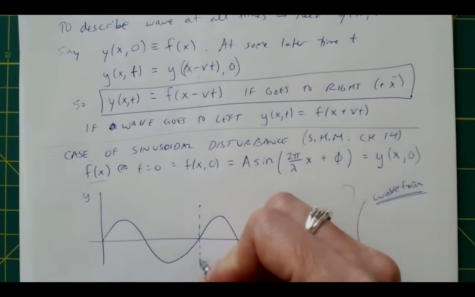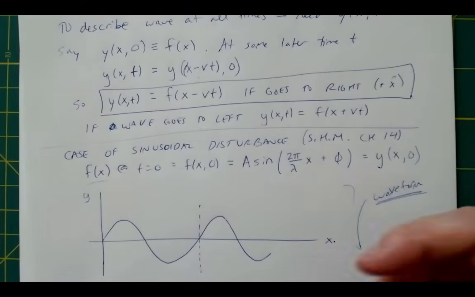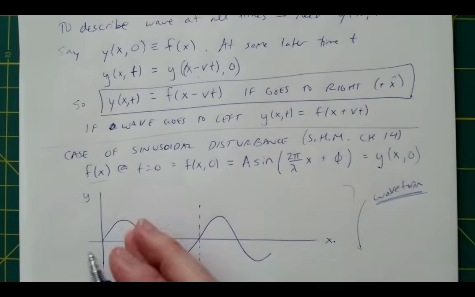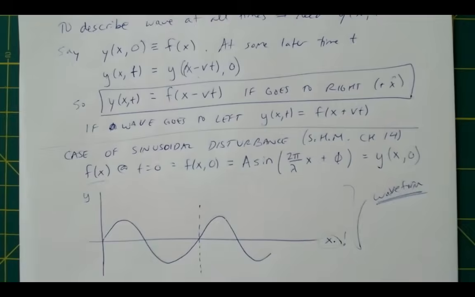So if we're going to write out this equation, then we want to know basically what the cycle of the wave is. Now, it's not y as a function of time, it's y as a function of x. So we no longer are talking about this being the period. We can't get the period from this information alone because this is now taking one time and just taking a picture of the wave. The graph looks the same, but you've got to read the axes in order to know what you're looking at.